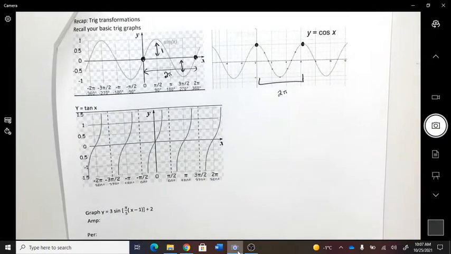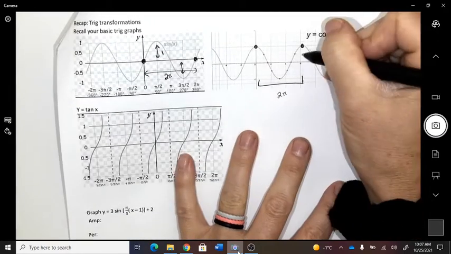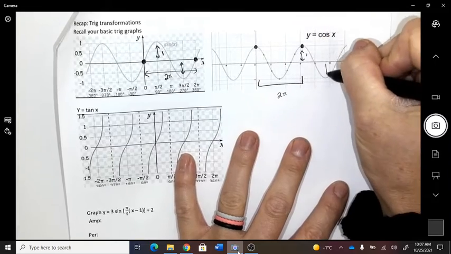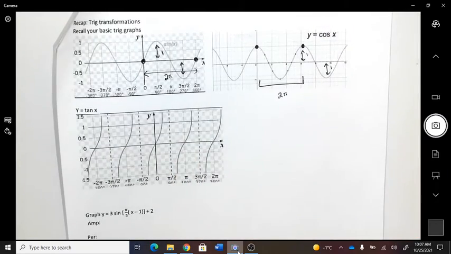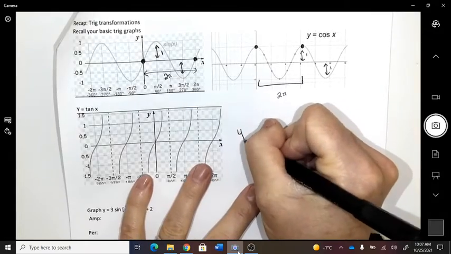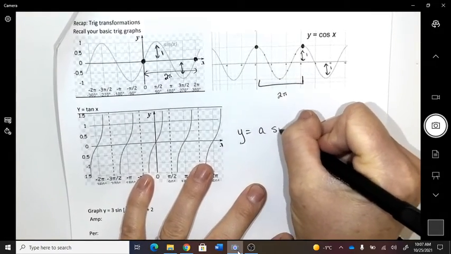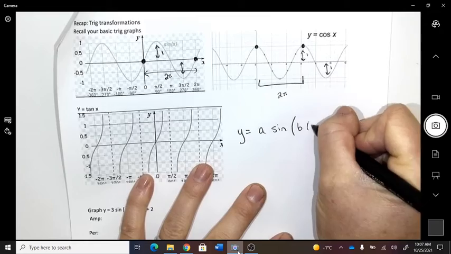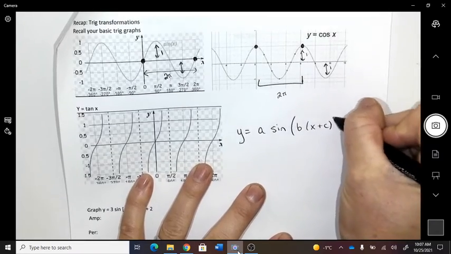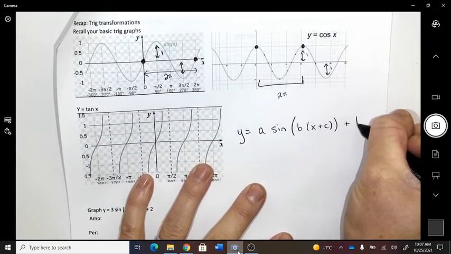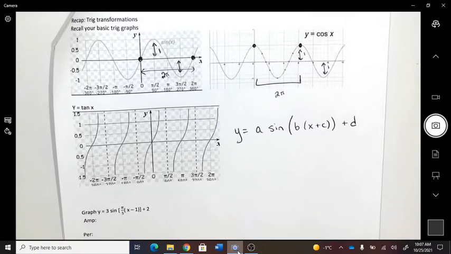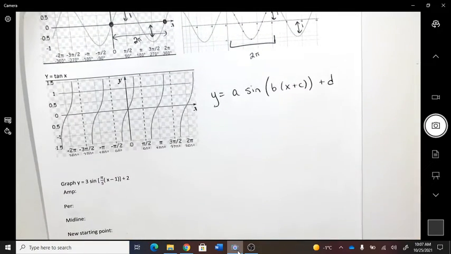A period is still 2 pi, and our amplitude was still 1. Okay, let's say I'll just use a sine. So I could do all these things either to a sine curve or a cosine curve.